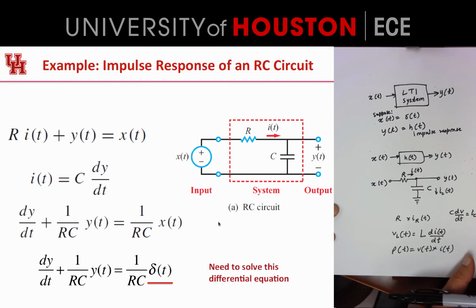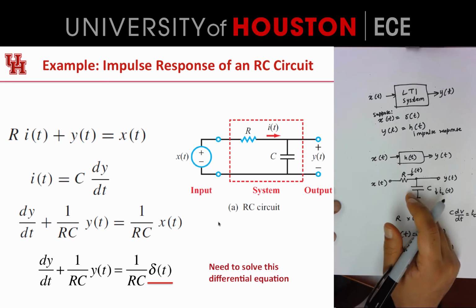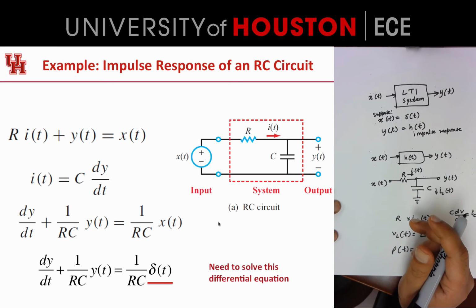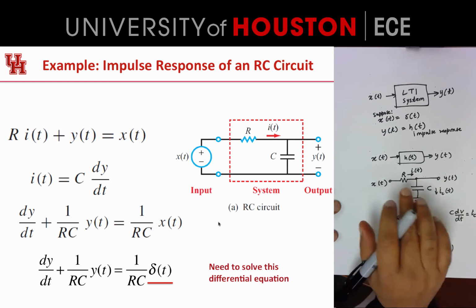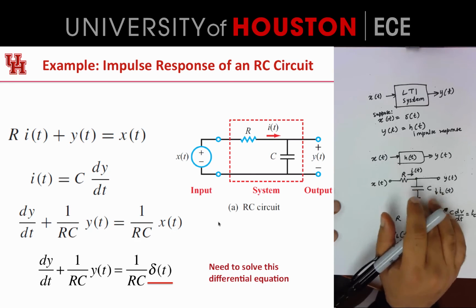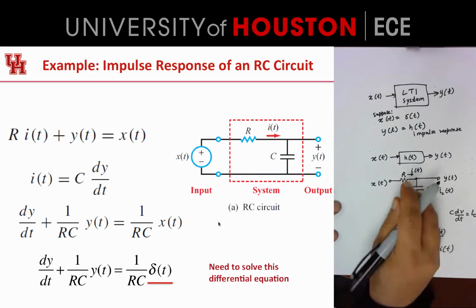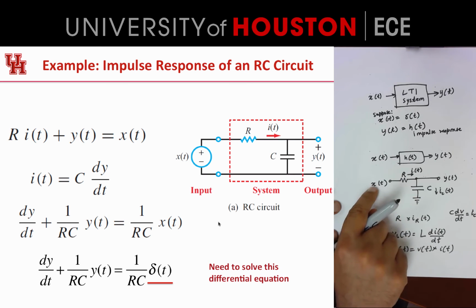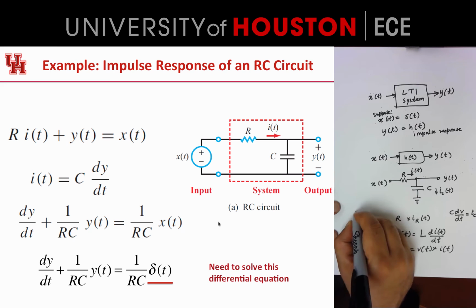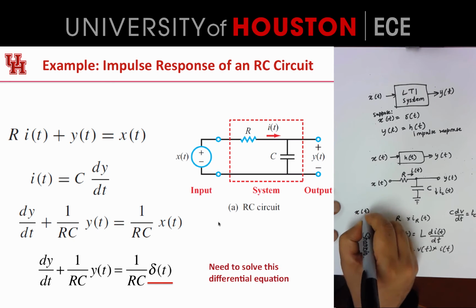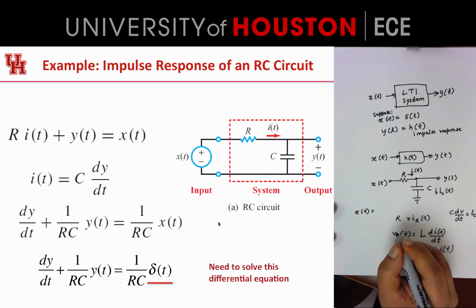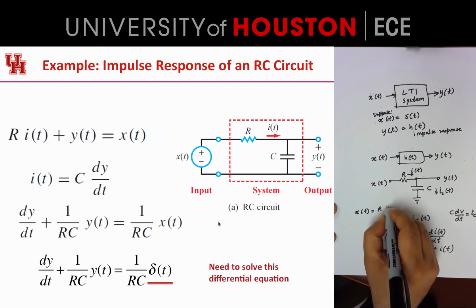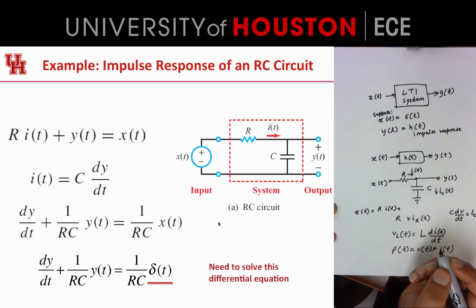So let's get back to the circuit that we want to analyze, this guy here. We can start to write down Kirchhoff's laws for this circuit. So the voltage here plus the voltage here is going to add up to this voltage x of t. So x of t equals R times I of t plus v of t.